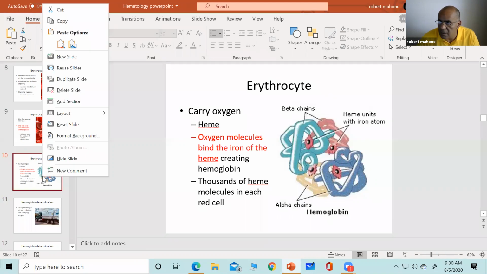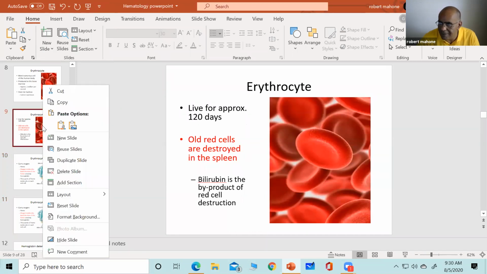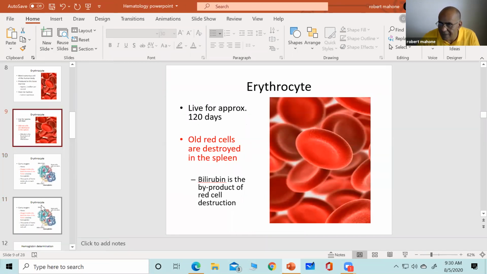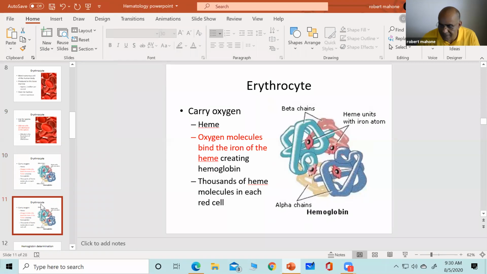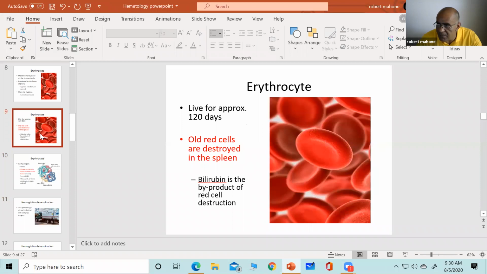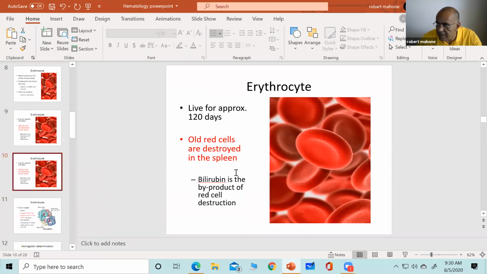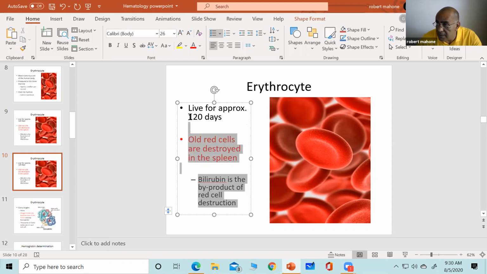Let's do it this way. Oh, I wanted to copy this one. Let's delete this one. And this is the one I want to copy. All right. And I want to say in here that.